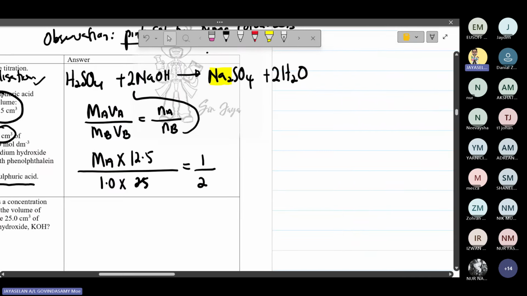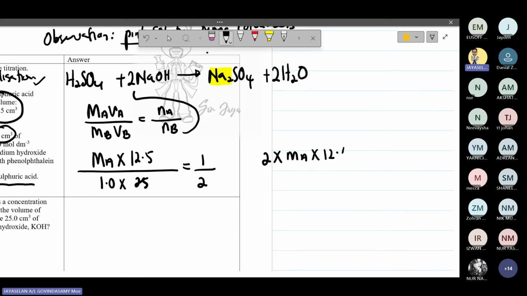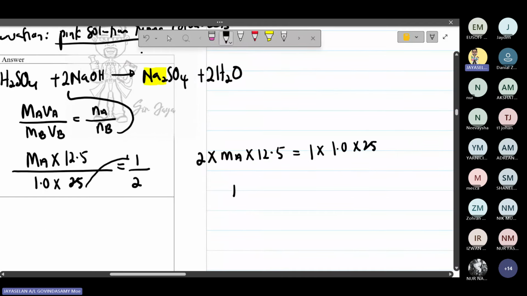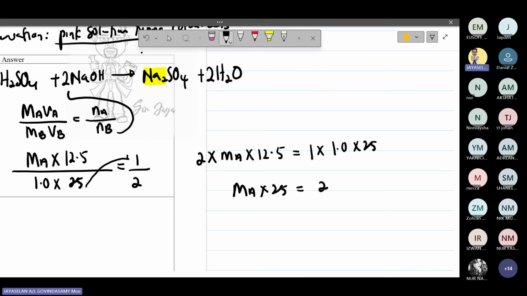Now solve by cross multiplication. How to cross multiply, Nasir? I don't know. 2 times Ma times 12.5. This side, 1 times 1.0 times 25. So Ma times 25. Here you get 25.